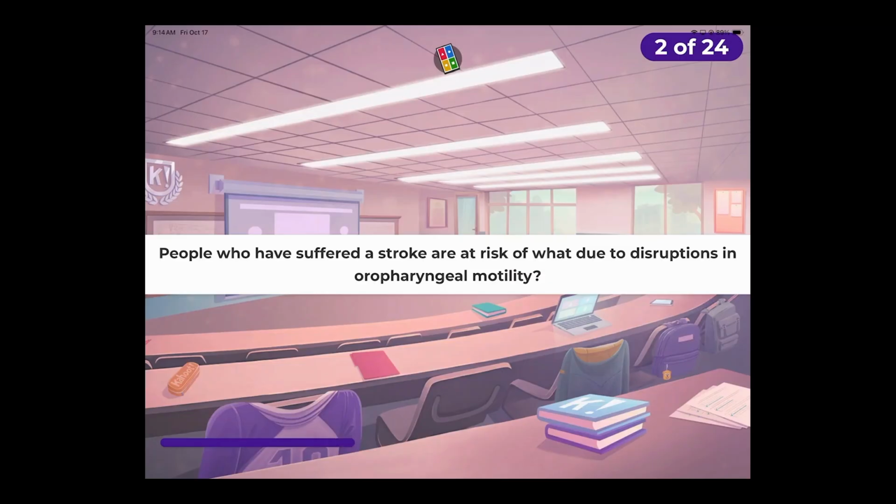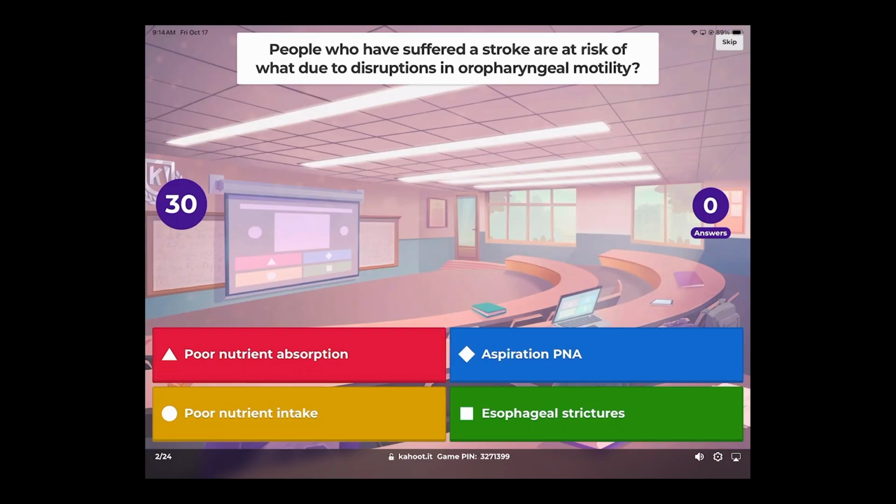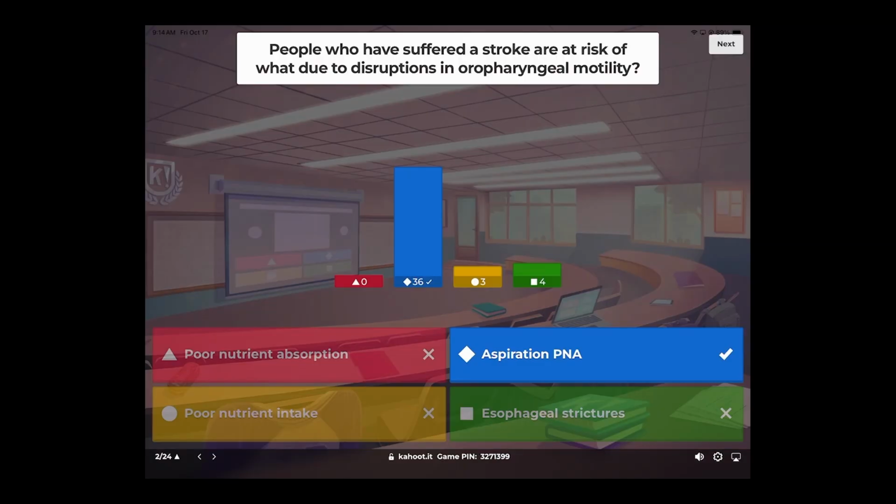Okay, someone who suffered a stroke are at risk of what due to disruptions in oropharyngeal motility? Now, if you guys are studying with questions like this, what would have to be in the question to make red or yellow correct?